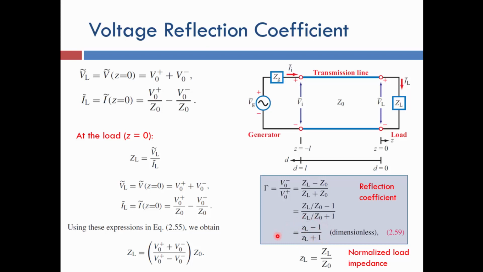This is the voltage reflection coefficient, and it is a dimensionless quantity. And remember, if we need to calculate the power, we need to square this value, because power is proportional to the square of the voltage, and if we need to calculate it for the current, we need to give this quantity the opposite sign, the minus, and we will see that next.